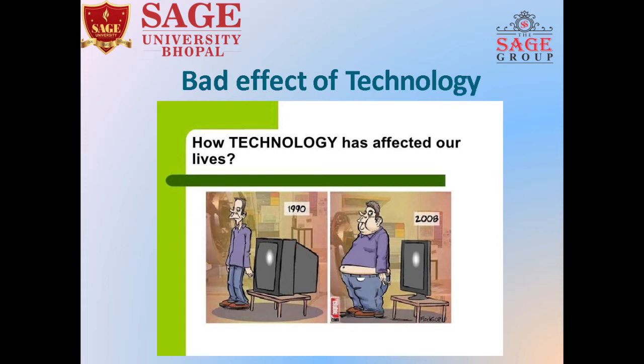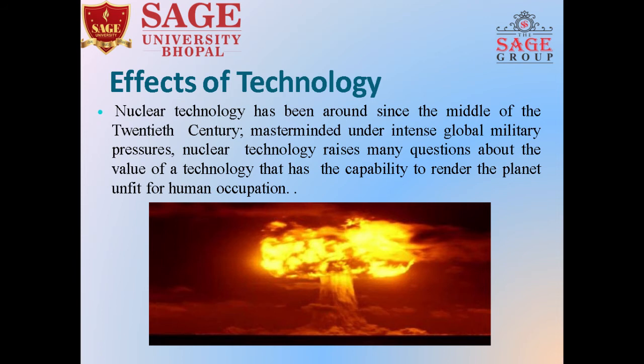From 2008 onwards, technology brought the size of televisions from very big to very small and thin, even LED and LCDs are coming in the markets. And what happened to our physical fitness? We are gaining more and more weight and increasing our size. That is the bad effect of technology. Why? Because technology provides us a comfortable, luxurious life.